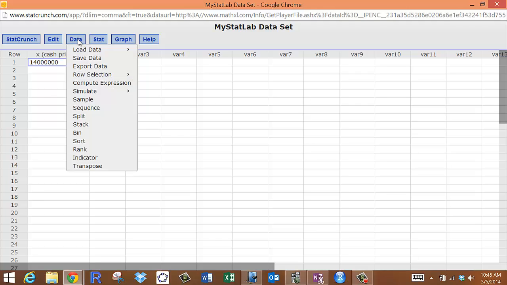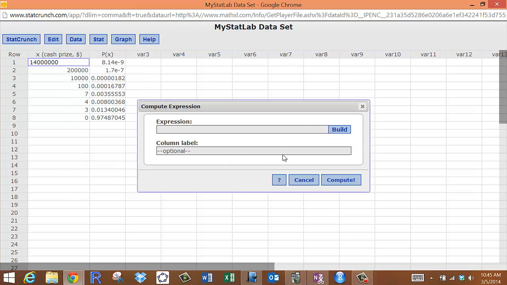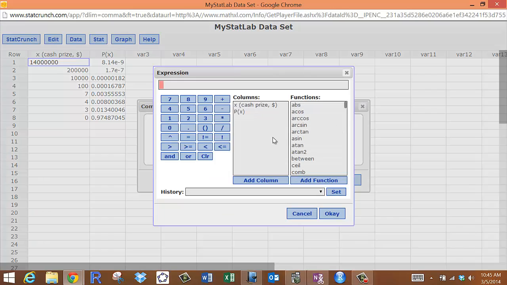So let's click on Data, and then we'll compute expression, and then we'll build it. So we'll add x, and then multiply times p of x, and add that, and then OK.